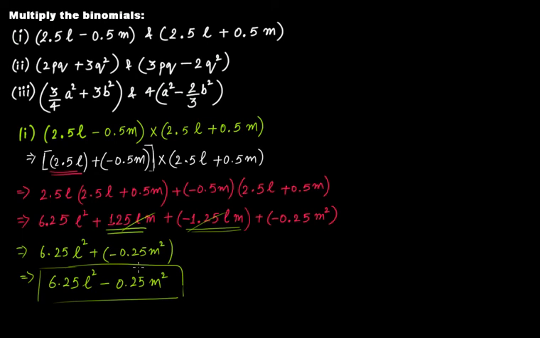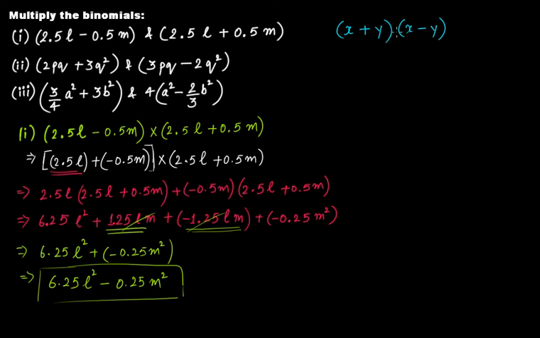As we said, there is another way. If anywhere you find something like this, let's say x plus y, we are taking just a general variable, it can be p plus q or anything. So x plus y multiplied by x minus y, like it was here 2.5L plus 0.5m, so x plus y, then 2.5L minus 0.5m, that is x minus y.